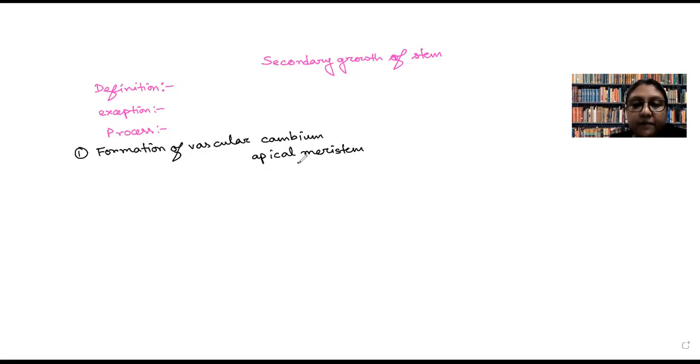We know that from apical meristem there will be development of procambium. Now from this procambium there will be development of fascicular cambium. So fascicular cambium is always present between xylem and phloem.